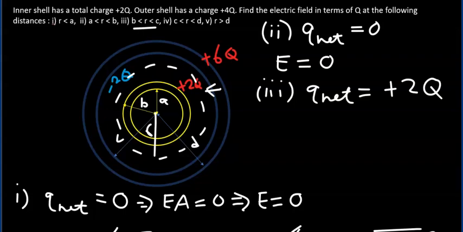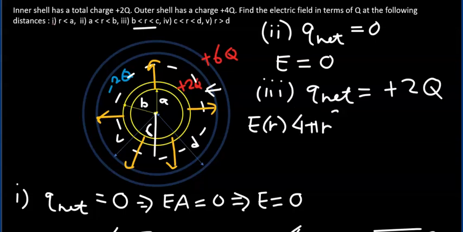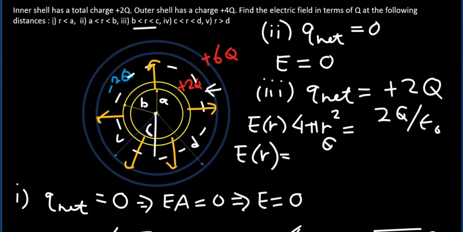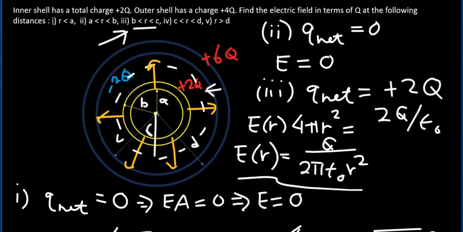The field from positive charge will head in an outward direction like that. And we can write down Gauss's law in the following manner. E at distance r times the area of that spherical Gaussian surface with radius r, 4 pi r squared, equals net charge, plus 2q, over epsilon naught. You can solve for the electric field within that region, and it will turn out to be q over 2 pi epsilon naught r squared. And that is the answer for part 3.